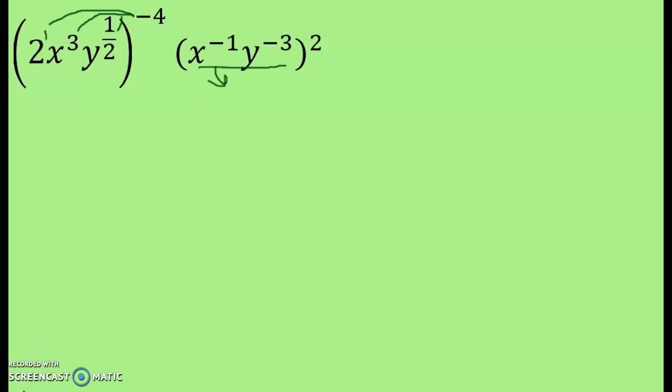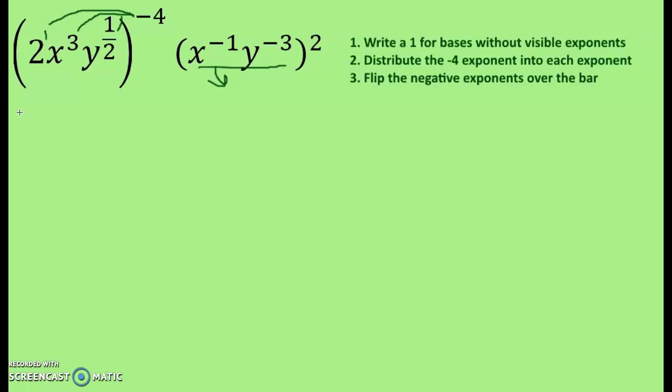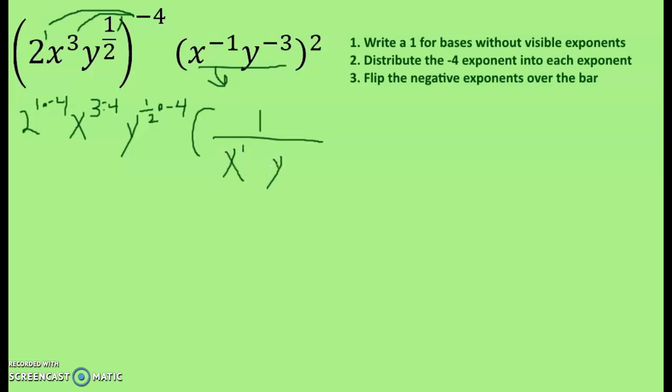So let's go ahead and rewrite doing those steps. So we have 2 to the 1 times -4 power times x to the 3 times -4 power times y to the 1/2 times -4 power. And then we have our other part of this expression, which is still in parentheses. 1 over x to the first power times y to the third power, all to the second power.